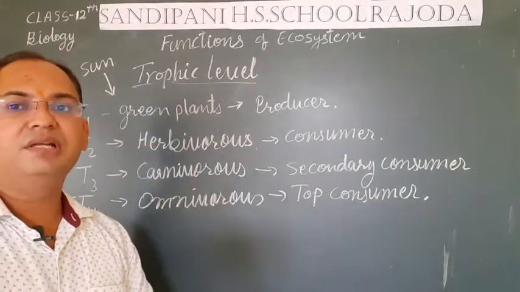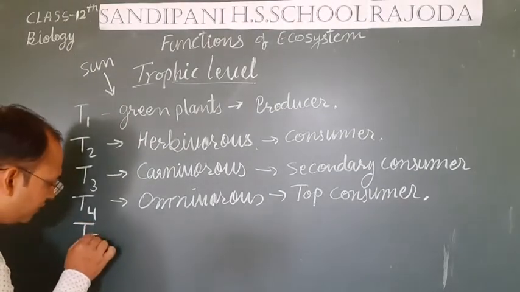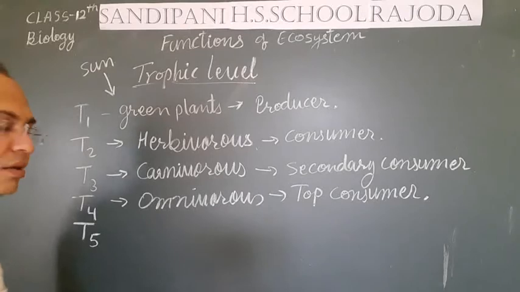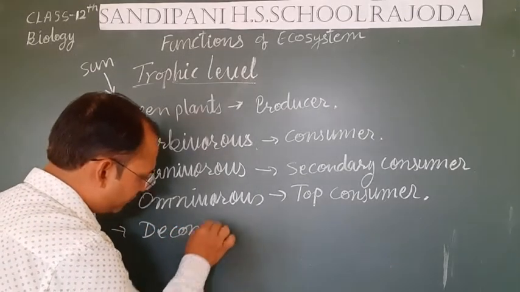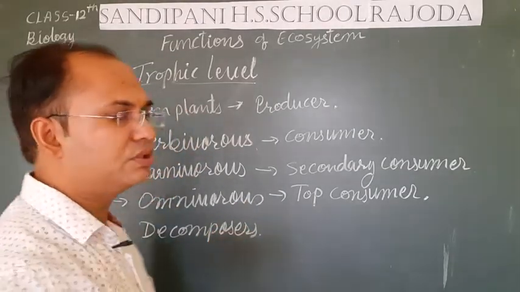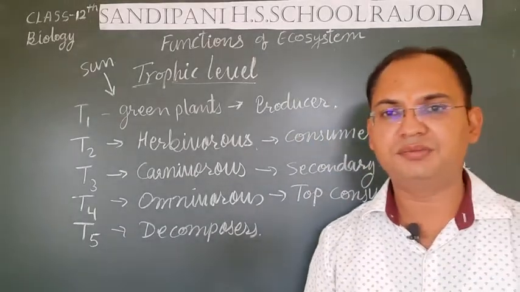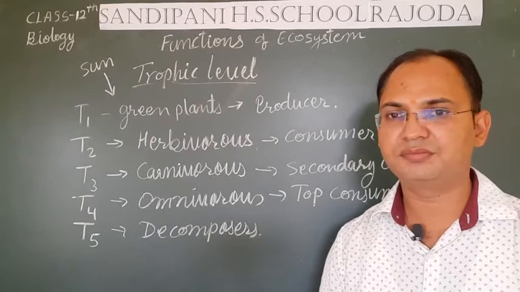four level living organisms. That is trophic level 5, and we call them decomposers. Decomposers are the most important part of the ecosystem as they recycle the minerals in an ecosystem.